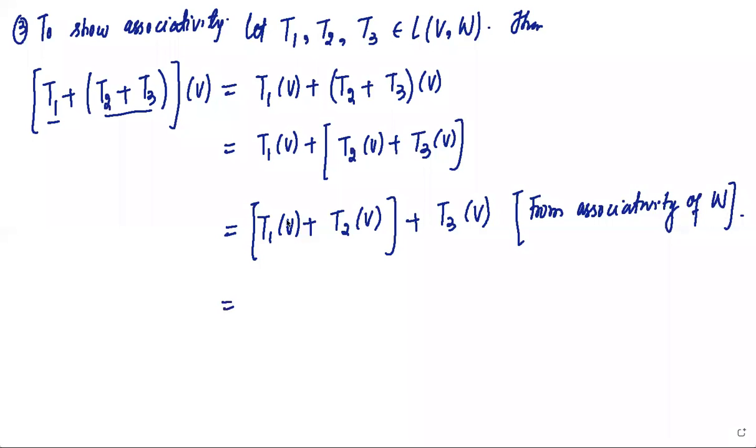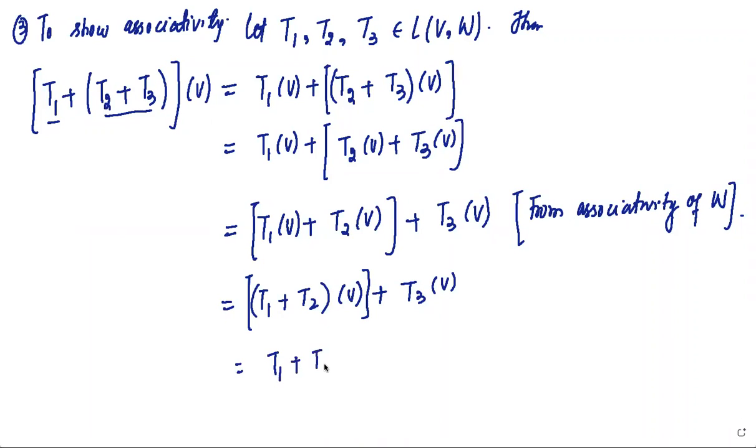But now again using the same definition of the vector addition. तो इस पहले वाले को हम लिख सकते हैं, this is T1 plus T2 of V, then plus T3 of V. Now again using the vector addition, this is equal to T1 plus T2, then plus T3 of V. So therefore we have shown that T1 plus T2, T3, तो हमने brackets असल में change किए.